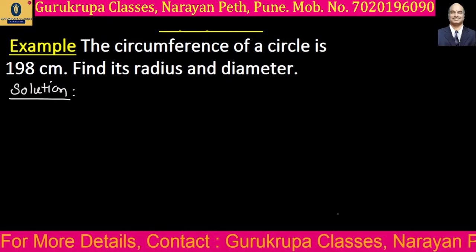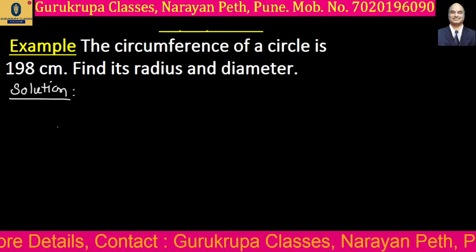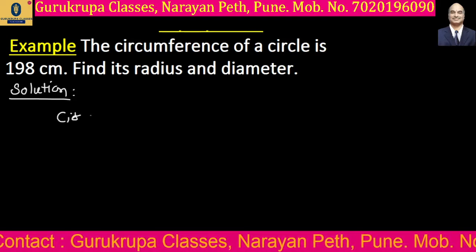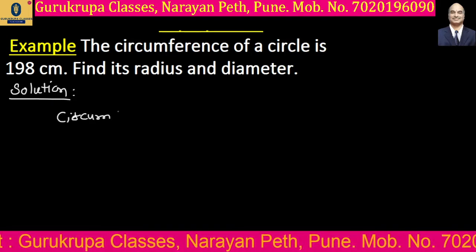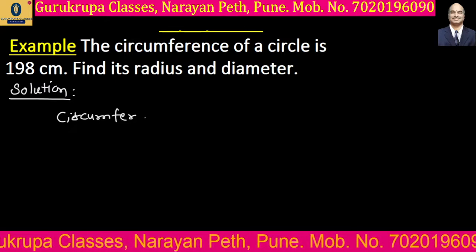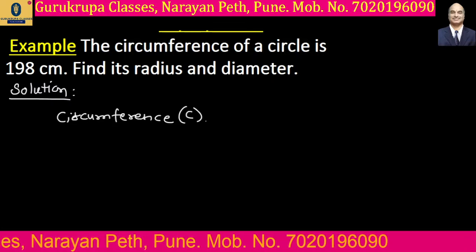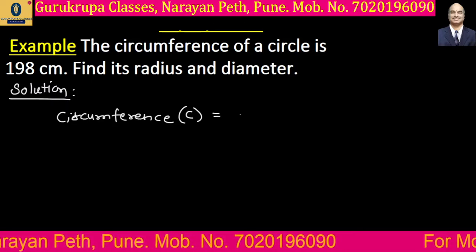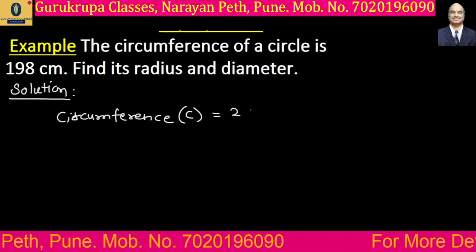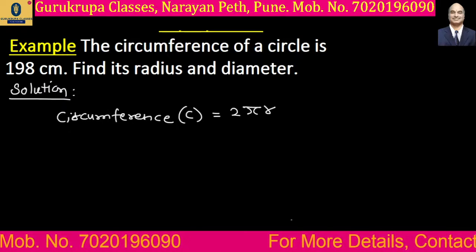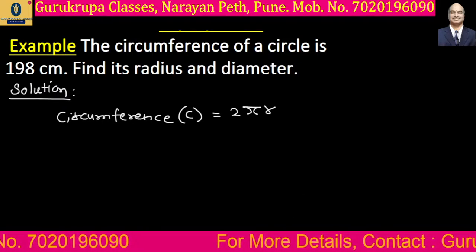So in this example, we can use the formula for circumference, that is circumference. We use the letter C for that. We have to find the radius, so we use the formula using the radius. So circumference is equal to 2 pi r.